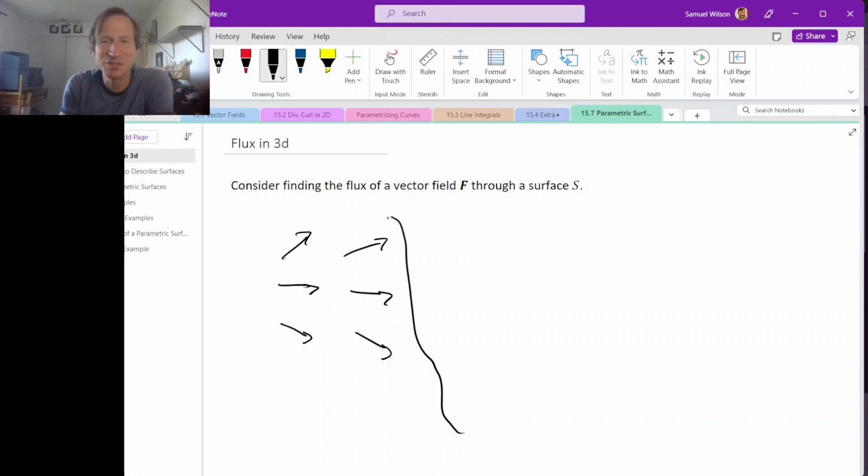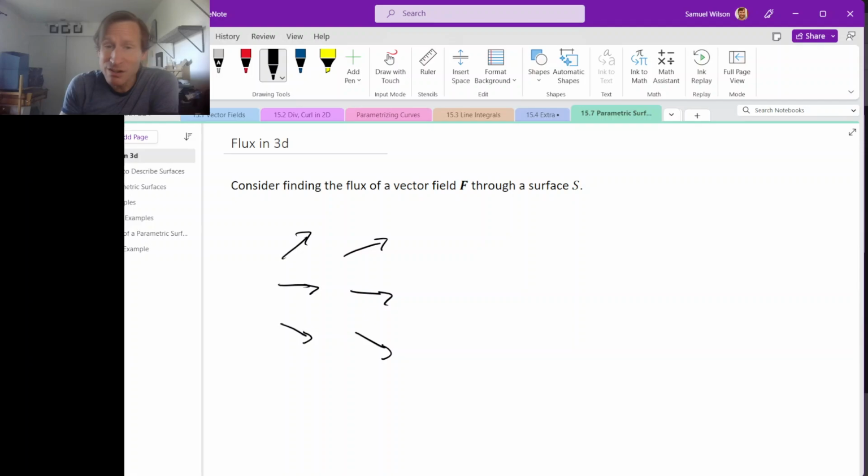Every point on the curve looks the same coming at it from every direction. So there isn't really a good sense of what counts as across for a curve. So we aren't going to be able to calculate flux integrals for a curve in 3 space, just because that doesn't really make any sense.